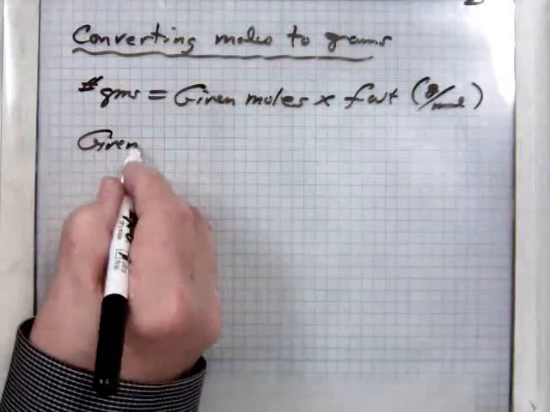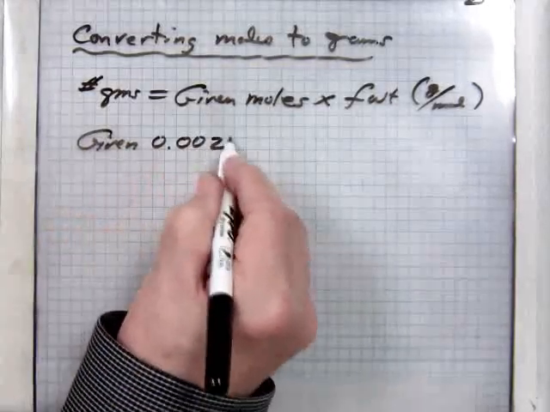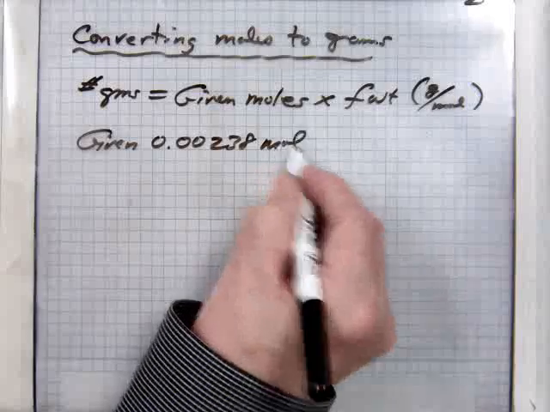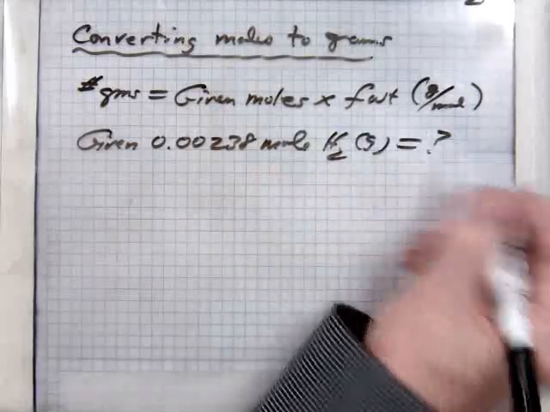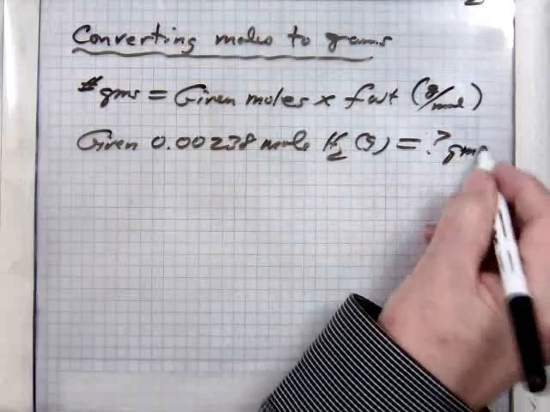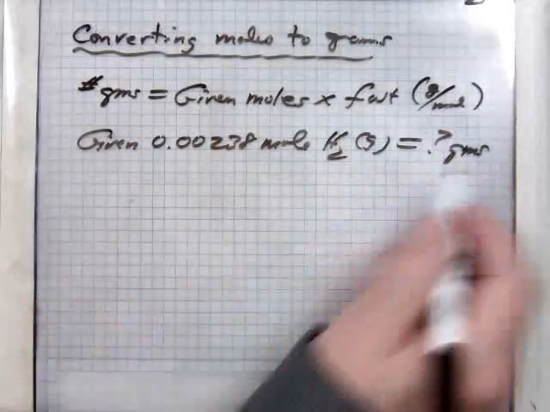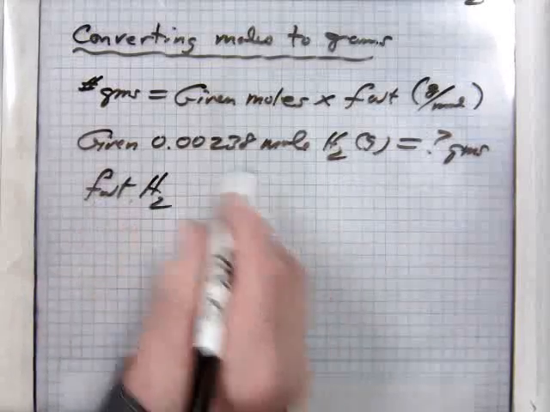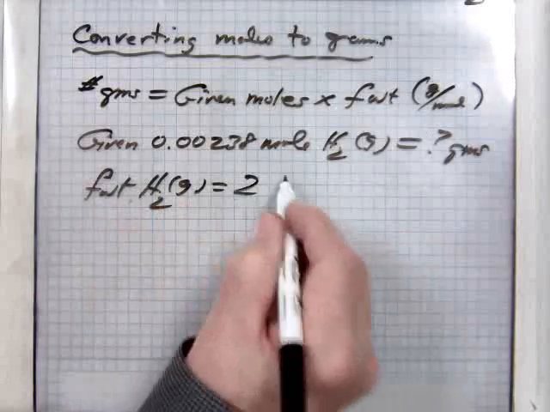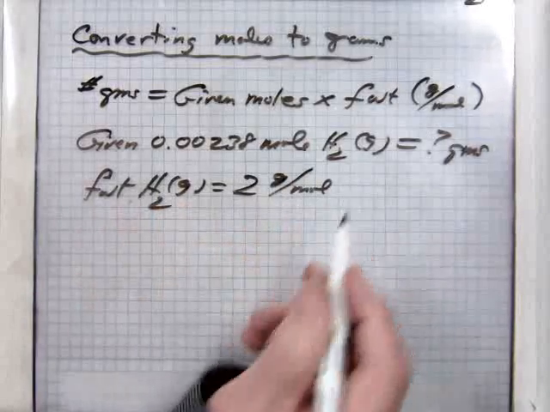And so, given 0.00238 mole of H2 gas, equals how many grams? And so the formula weight of H2 gas, of course, is 2 grams per mole. That's easy enough, right?